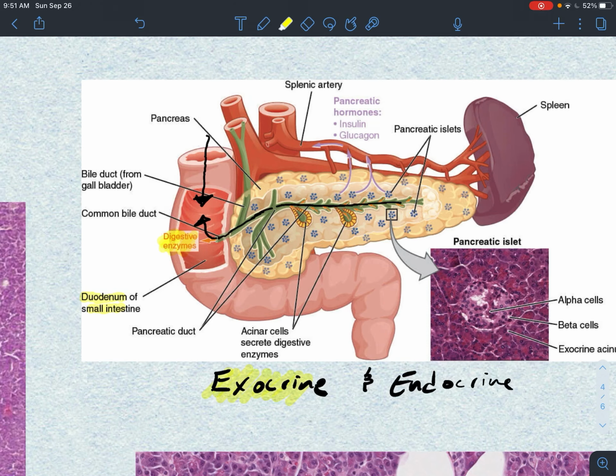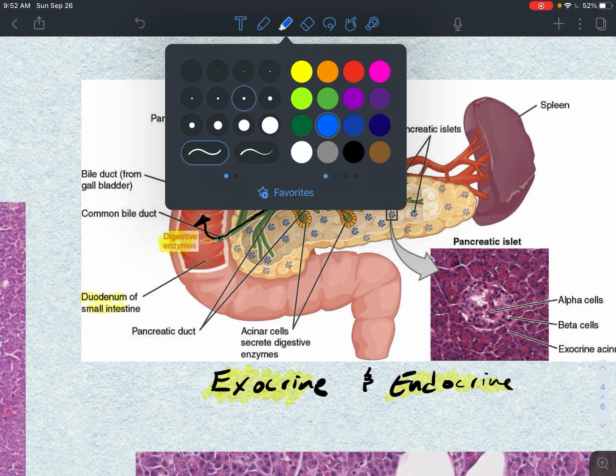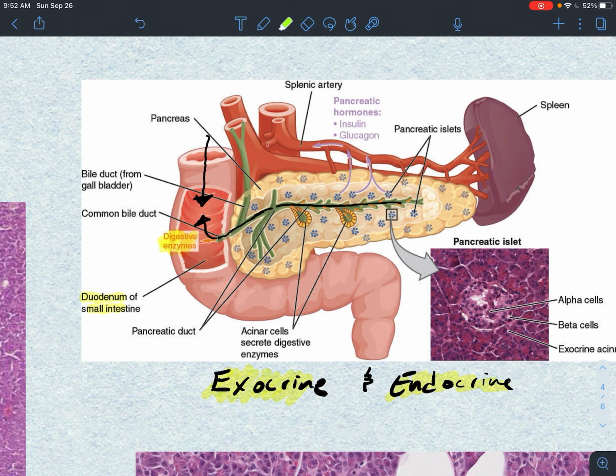The second major function of the pancreas is the endocrine part of the pancreas, and that is being depicted by these clusters in this diagram, these blue clusters throughout the pancreas.